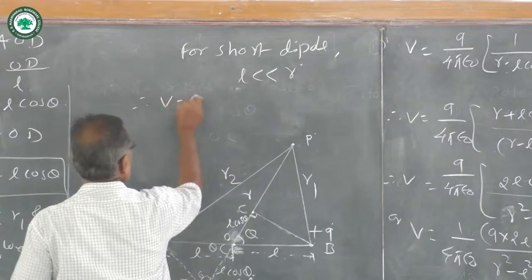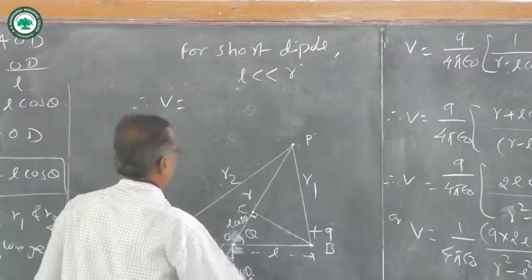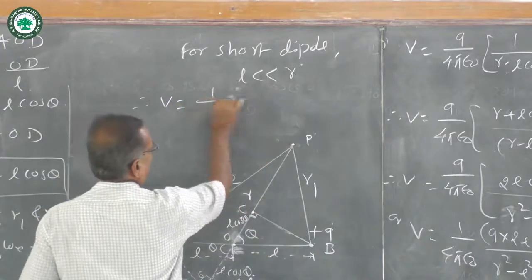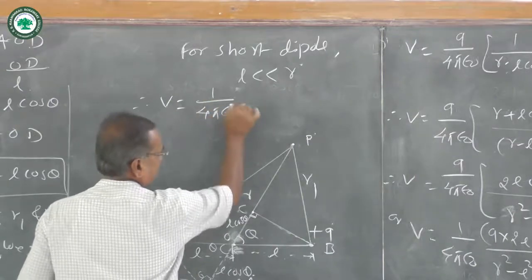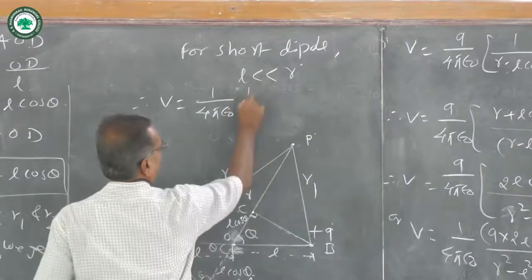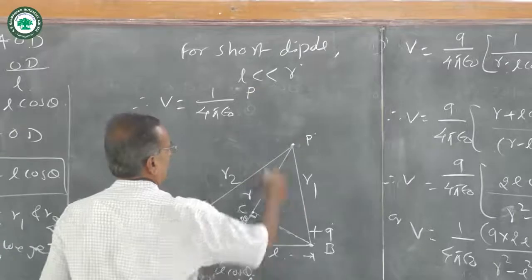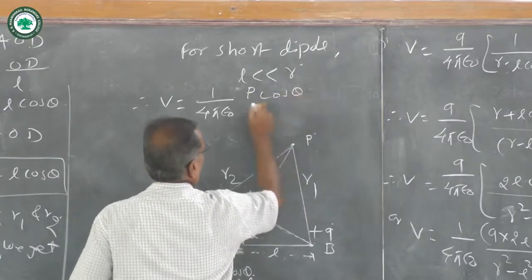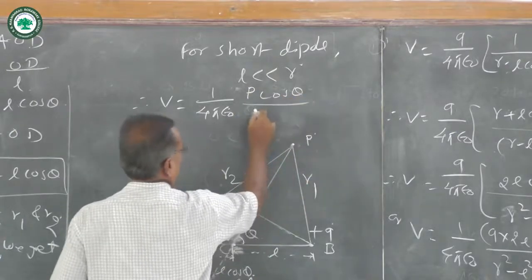We can write the electric potential at point P as 1 upon 4 pi epsilon naught, dipole moment P into cos theta divided by r square.